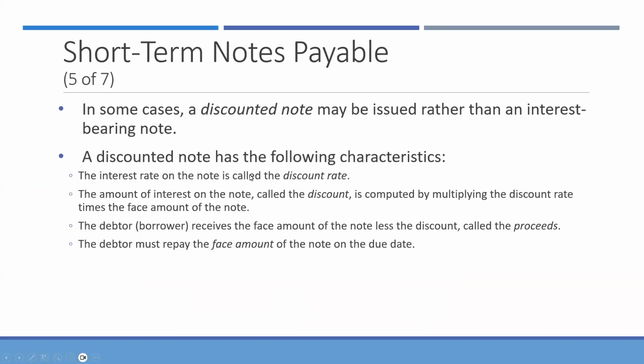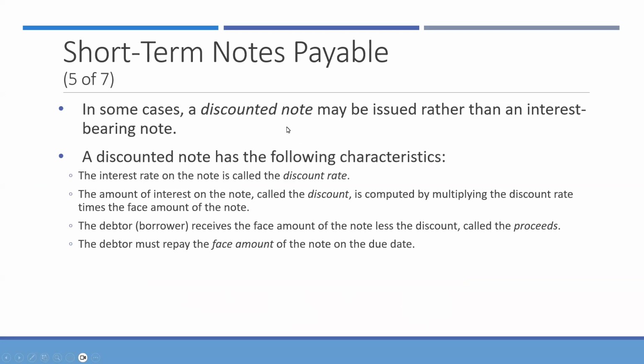The interest rate on the note is called the discount rate. The amount of interest on the note is called the discount, and the debtor or the borrower receives the face amount of the note less the discount, and that's called the proceeds of the note. The debtor must repay the face amount of the note on the due date.